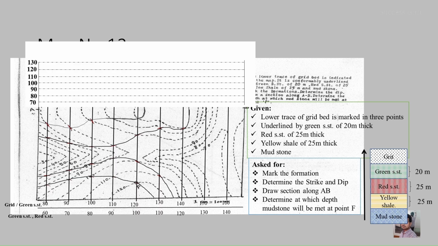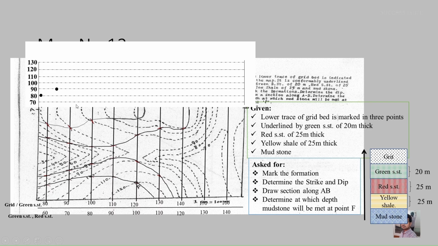The next step is to draw the topography in this region. As you know, the topography of this area is expressed by the contour lines, and along your AB line you have so many contours. So we have to project these contour lines onto this profile line. The very first contour that appears here is the 80 meter contour, so we point it just above this point. Then the next contour is 90 meter, so we keep a point here.